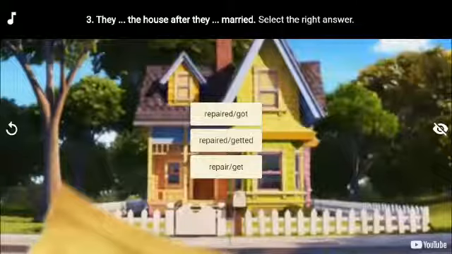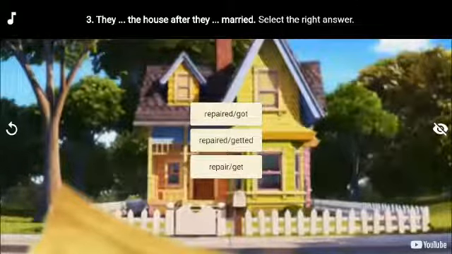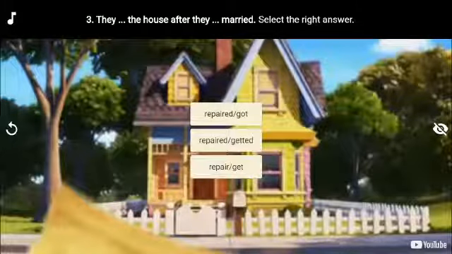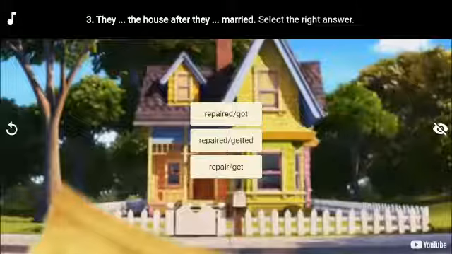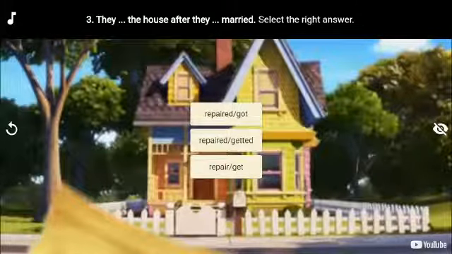Okay, here is our third question. We have to select the right answer here too. The right answer will be: they repaired the house after they got married.